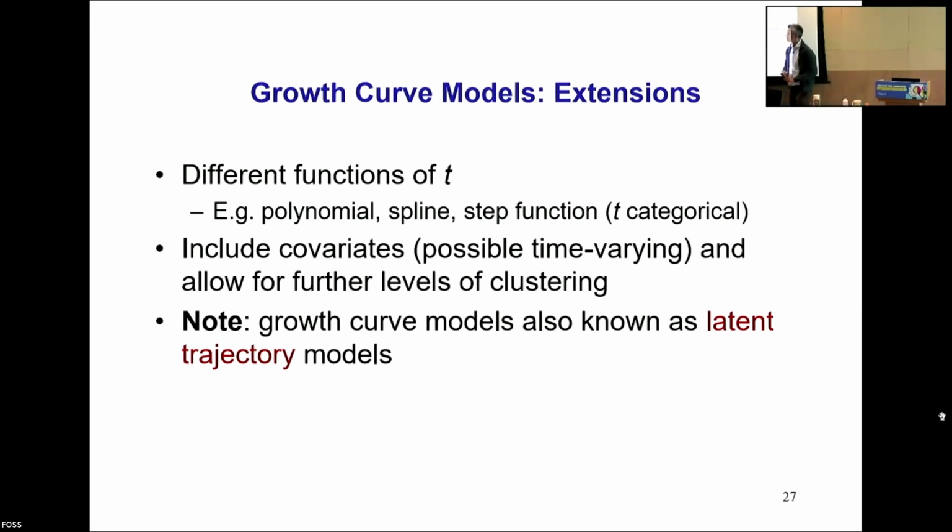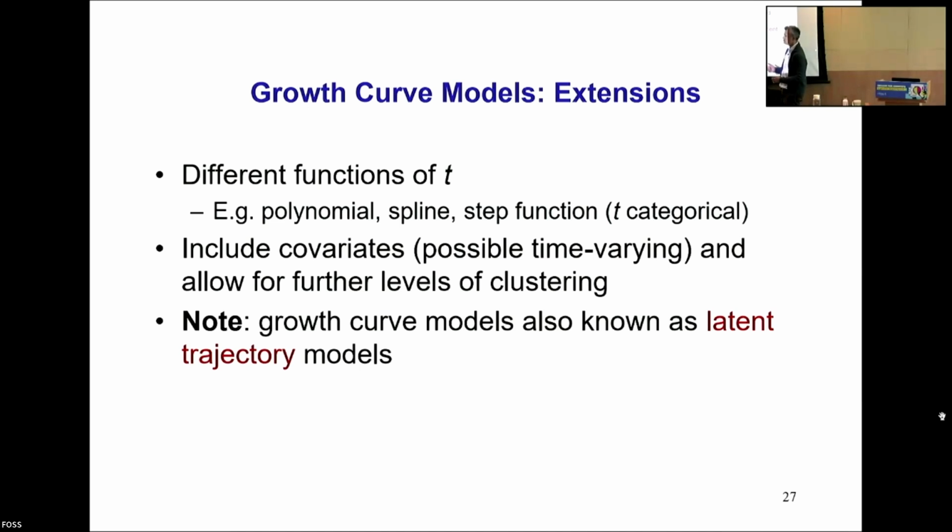Sometimes growth models are known as latent trajectory models. So those of you coming from psychology might be more familiar with latent methods of modeling growth curves. They're almost the same, but not entirely.